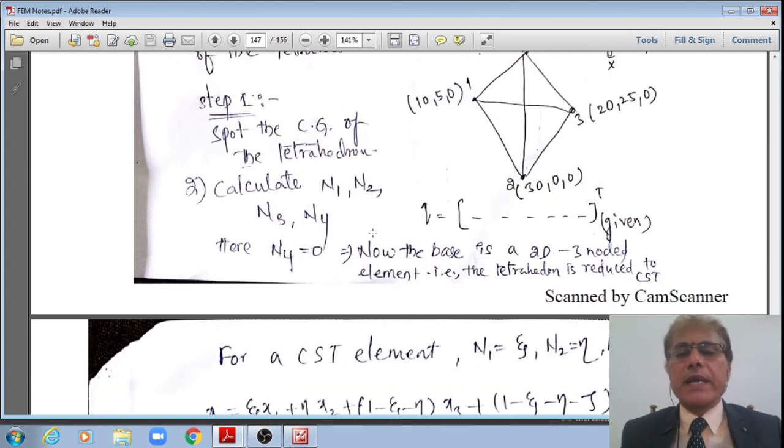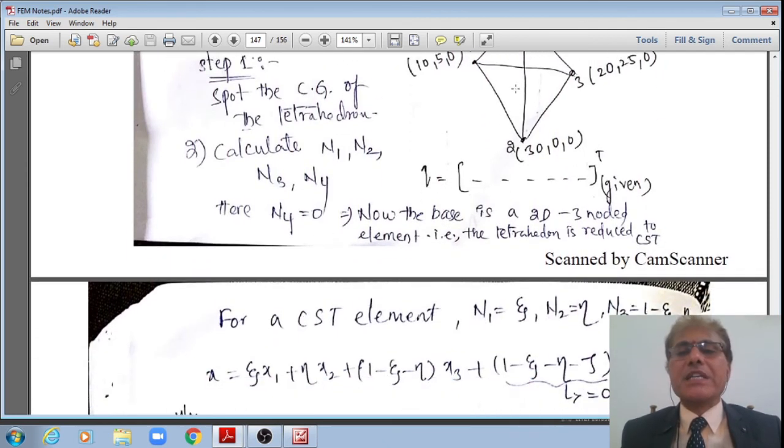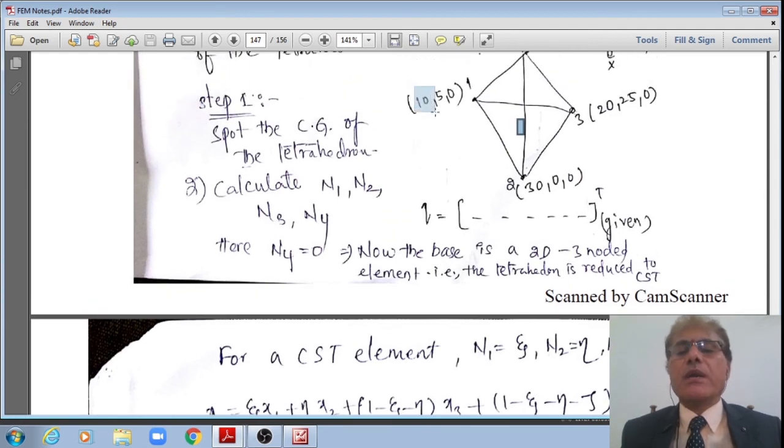Then I can interpolate the displacement of this cg as n1 multiplied by q1, n1 is 1 by 3 multiplied by 10, n2 is 1 by 3 multiplied by 30, n3 is 1 by 3 multiplied by 20. Therefore 30 plus 20 plus 10, 60 divided by 3. Therefore the displacement of this point P along x direction is 60 divided by 3, which is 20 units.